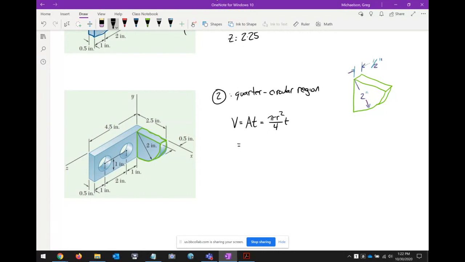So it's going to be pi over 4 times 2 inches squared times a half inch. Because again, basically what we've got is a quarter circle that has a thickness of half inch. And so what you should get is something like 1.571 inches. No, not it. Nope, sorry, that's wrong. Inches cubed.